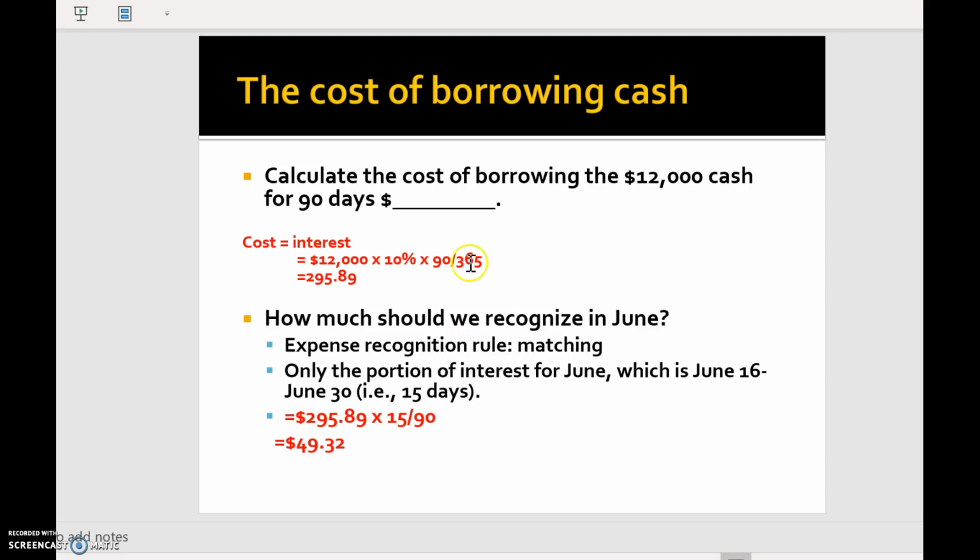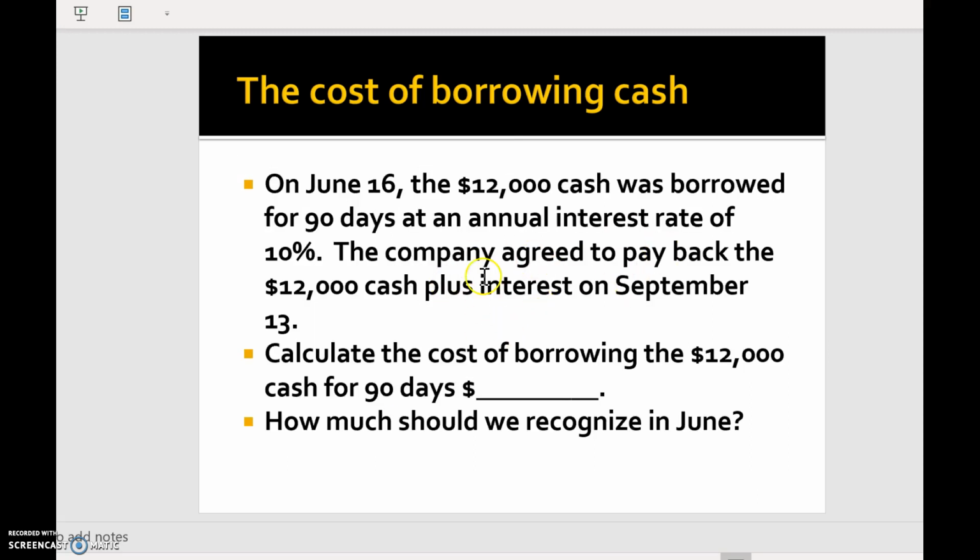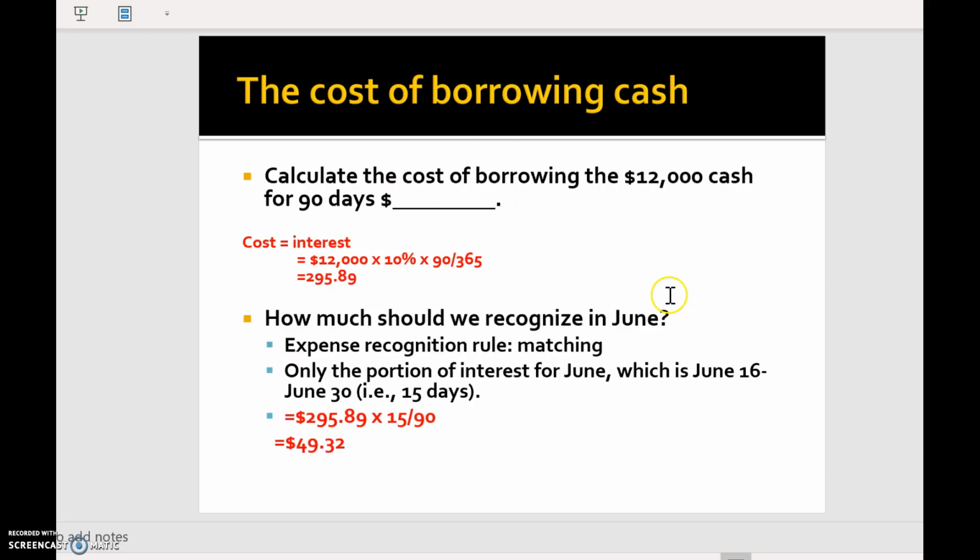Now, the total cost of borrowing is basically the interest. So if you borrow money, like a mortgage or loan from the bank, you pay interest, right? So how do we calculate interest? It is the principal multiplied by the annual interest rate and multiplied by how many days that we are using the loan. If we look at the information section, we are using the loan for 90 days from June the 16th to September the 13th.